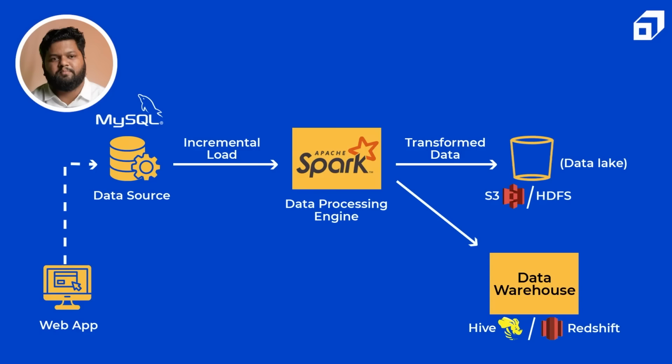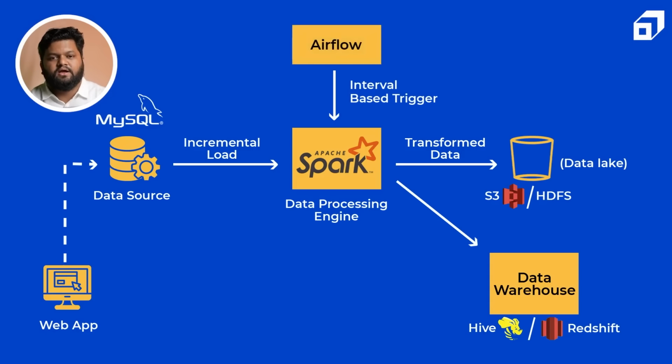Now this part is designed, our source was decided, our data processing engine was decided, and then our output storage was decided. Next point was to schedule this pipeline. And since we talked about the incremental load, let's say we are using Apache Airflow here, and we are scheduling our pipeline to get executed after every 15 minutes, right?